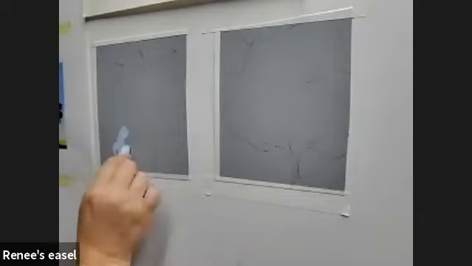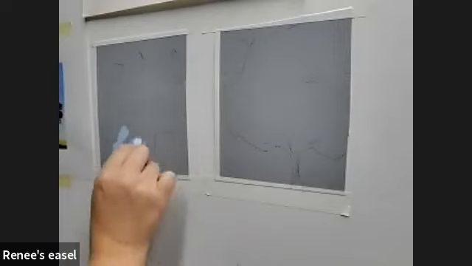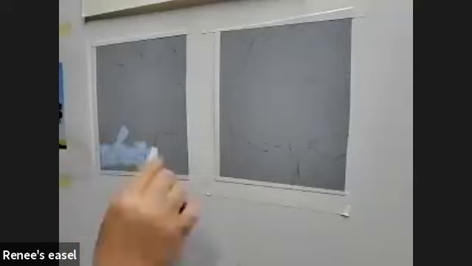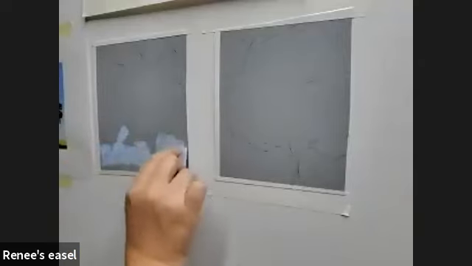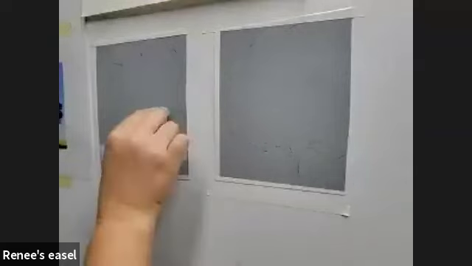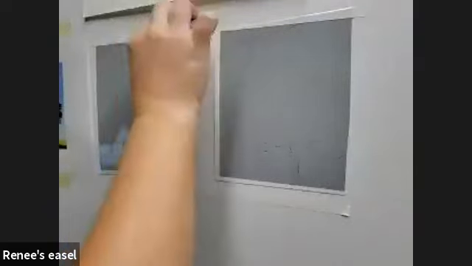Let me just see here. Maybe this one. Well, that's pretty. All right, I'm going to go with this blue. And I'm just going to kind of chunk in all around. I'll put in some sky holes within it.